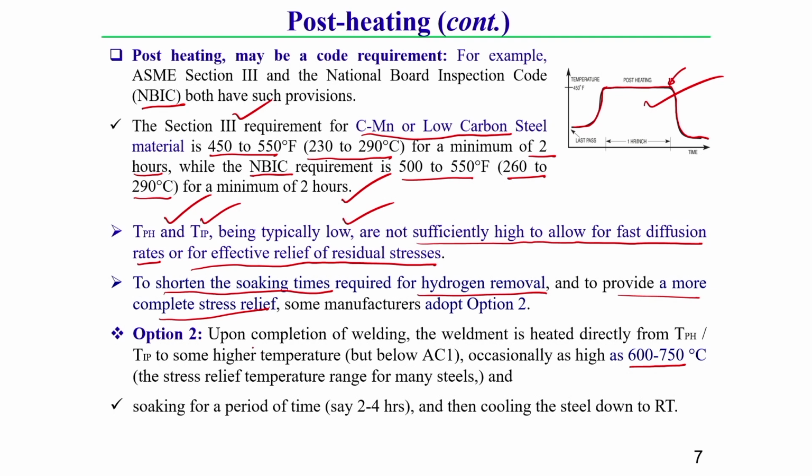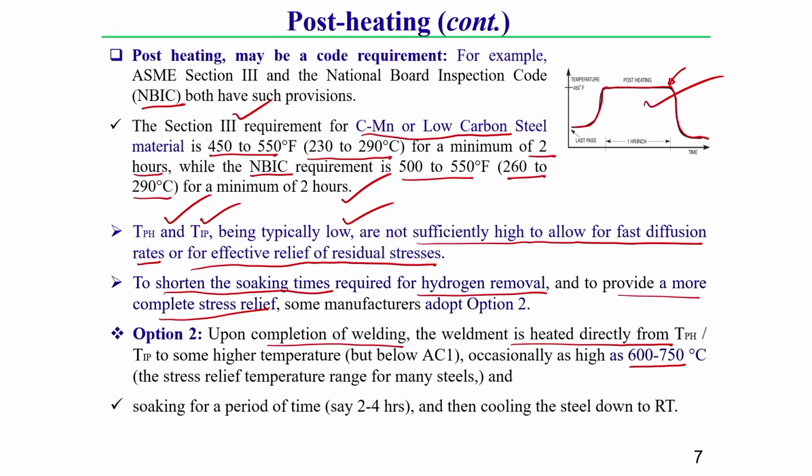What is option 2? In detail, I am telling a little bit. Upon completion of welding, the weld mesh is heated directly from whatever the preheating temperature was. That means here also we are not cooling down to room temperature. We cool down only to the TPH temperature, then after that it is heated directly from this TPH to some higher temperature. So, let this be our preheating temperature, we heat it, after that we cool down to preheat temperature, not room temperature.